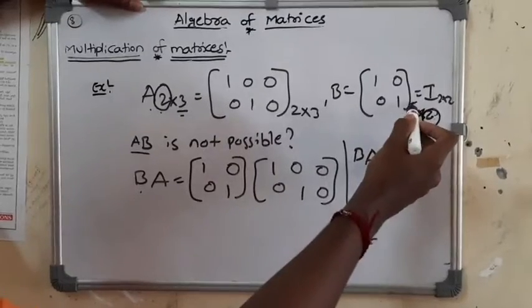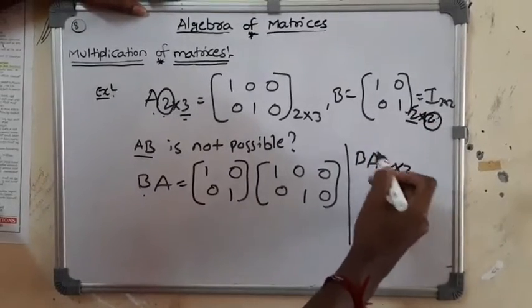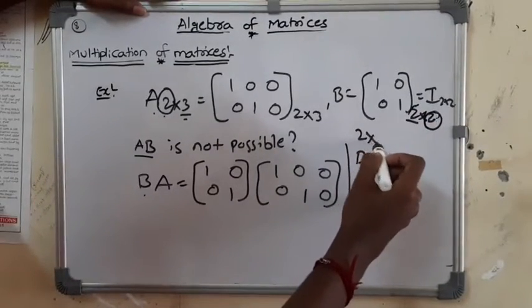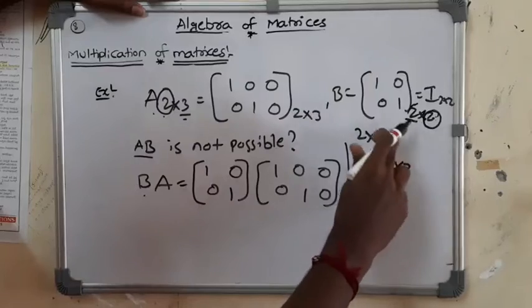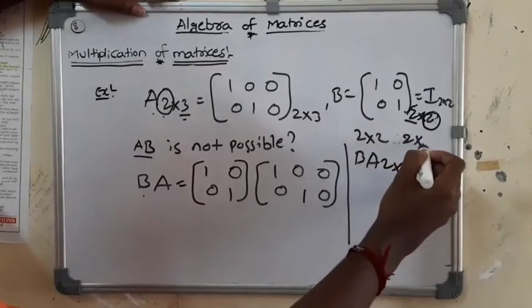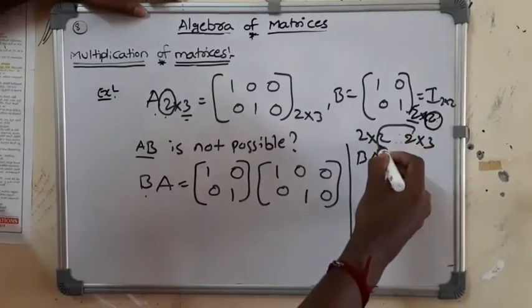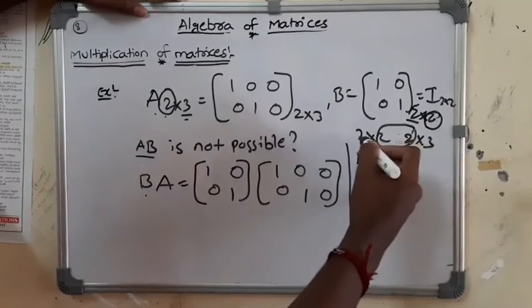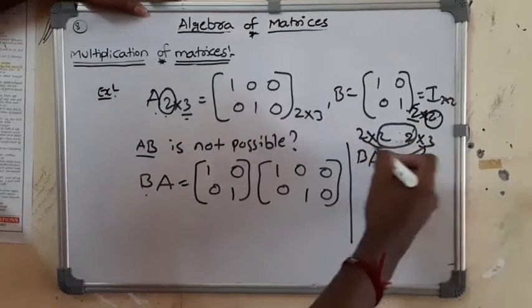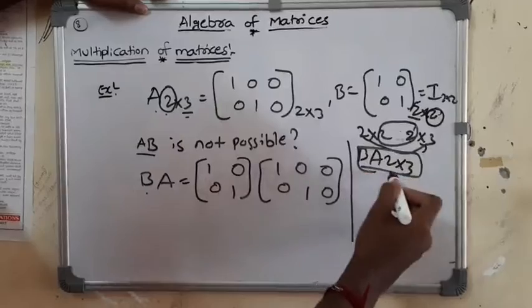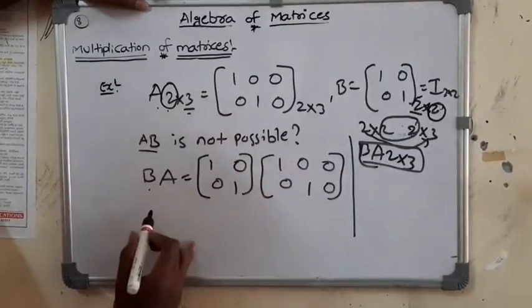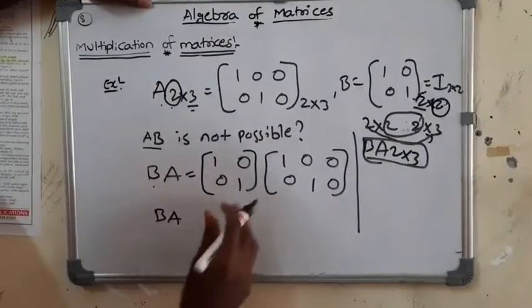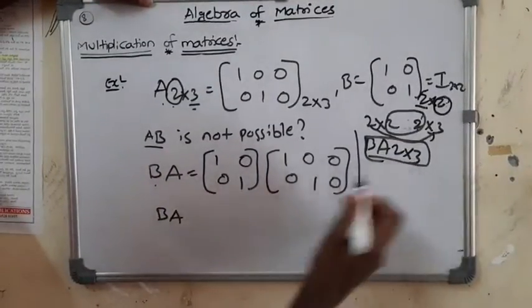So BA is of order 2 by 3. How? Here B is 2 by 2 and A is 2 by 3, so the number of columns in B and the number of rows in A are equal. So the resulting matrix is of order 2 by 3. We can easily guess the answer. Now you can get the order of the BA matrix as 2 by 3.